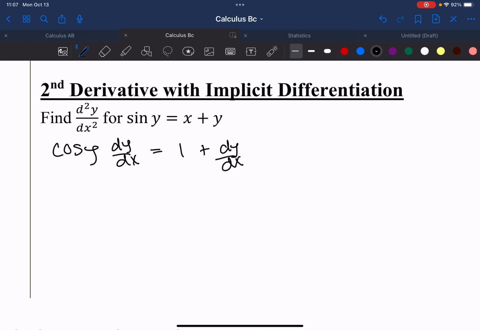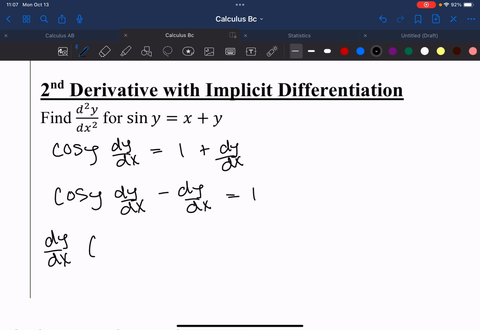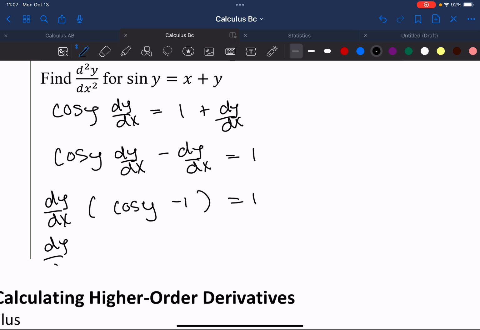Then we would want dy dx on the same side, so cosine y dy dx minus dy dx is equal to 1. So this is dy dx times cosine y minus 1 equals 1, which means dy dx is equal to 1 over cosine y minus 1.